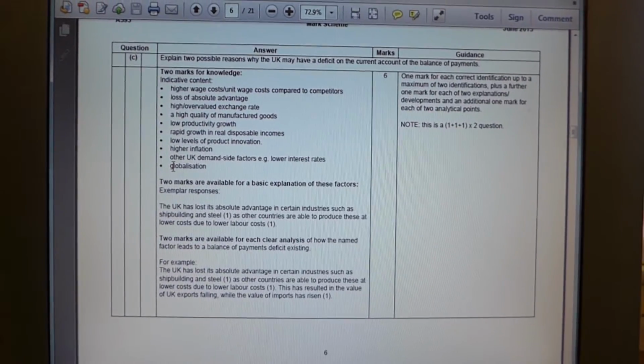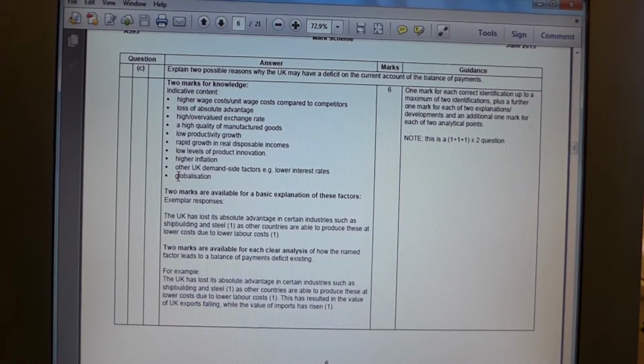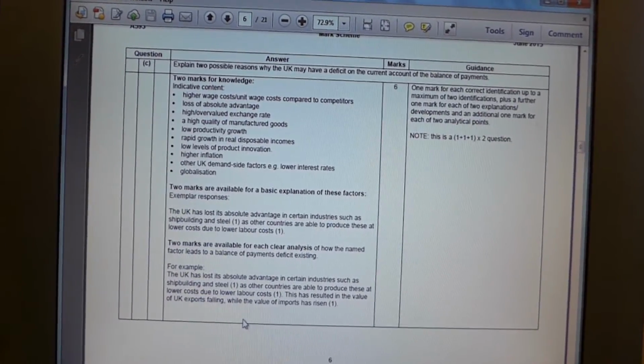All of these factors you could use as good points of identification and then explain them in terms of your balance of payments.